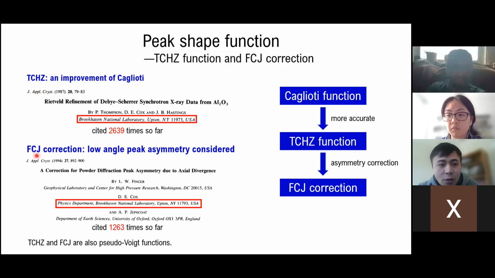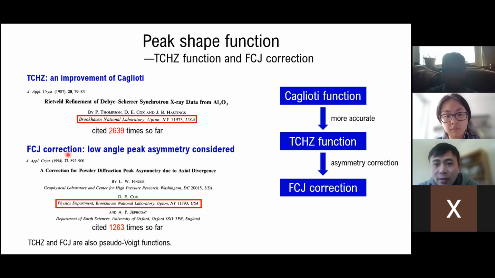And further, there was an incorporation of an FCJ correction addressing the low angle asymmetry, peak asymmetries. And so that was probably also introduced in GSAS profile function 6 something. But these two approaches were adopted in the TOPAS profile function.